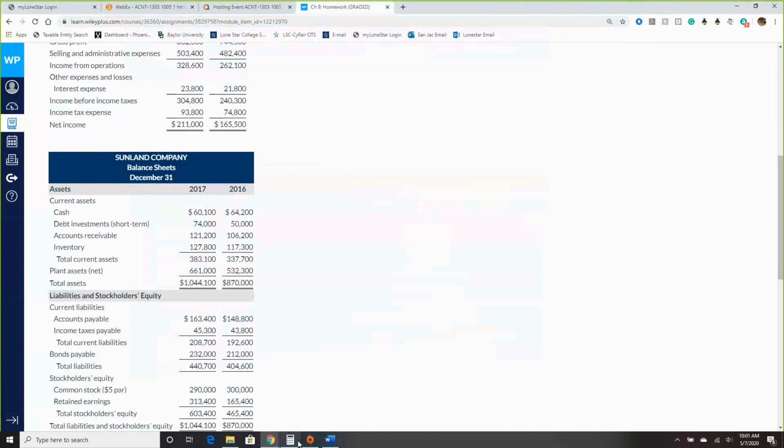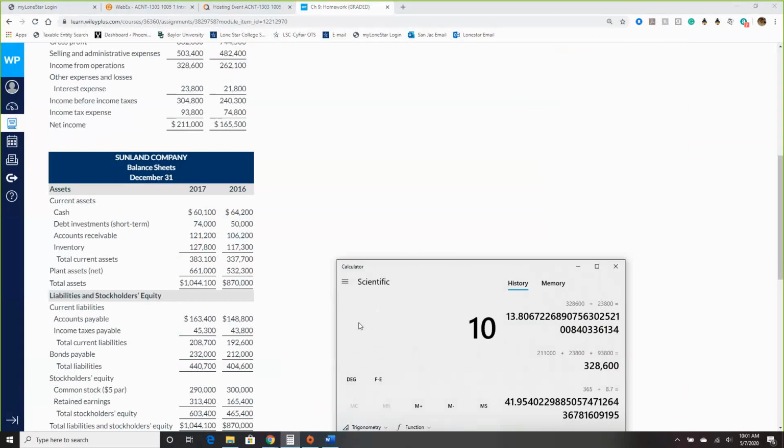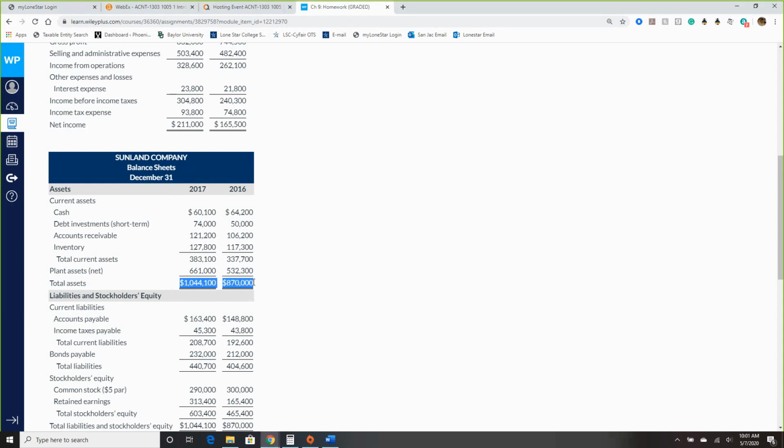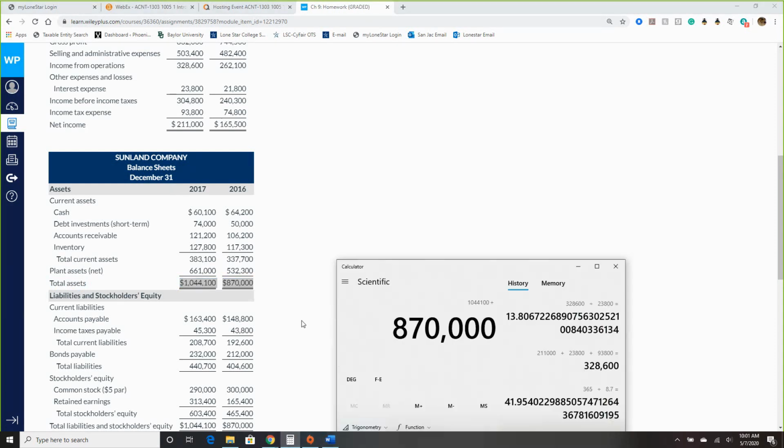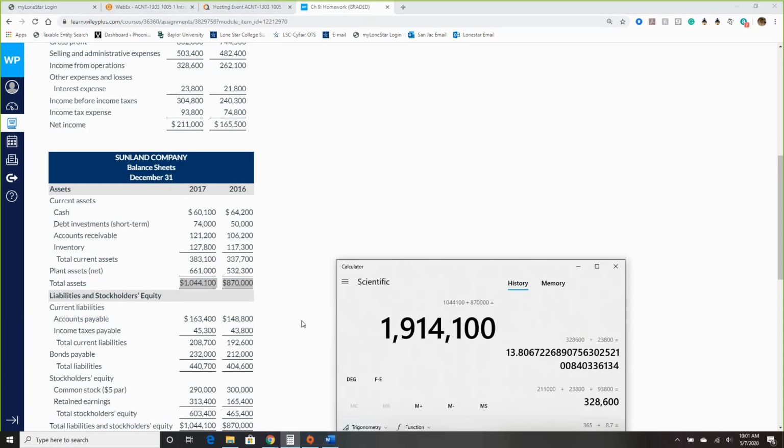So add the two total assets right down here, divided by 2 for our average.